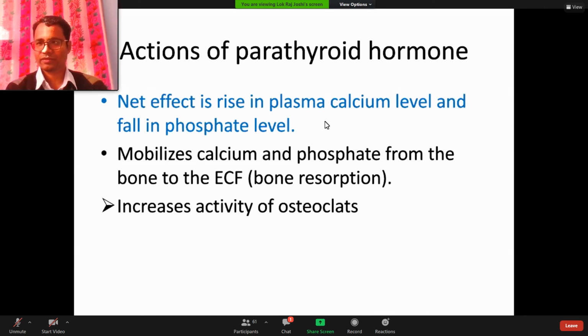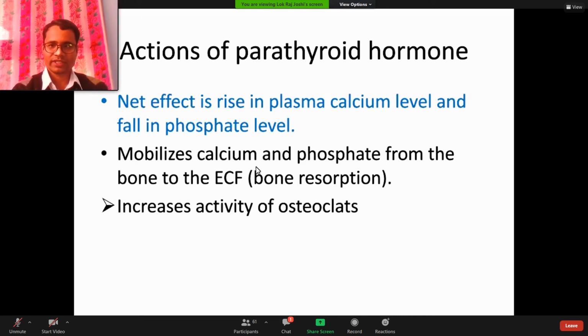When plasma phosphate level decreases, there is more dissociation of calcium phosphate to release calcium ions, finally increasing calcium level further. Therefore, parathyroid hormone mainly regulates calcium, and the phosphate decrease is used to regulate calcium level.